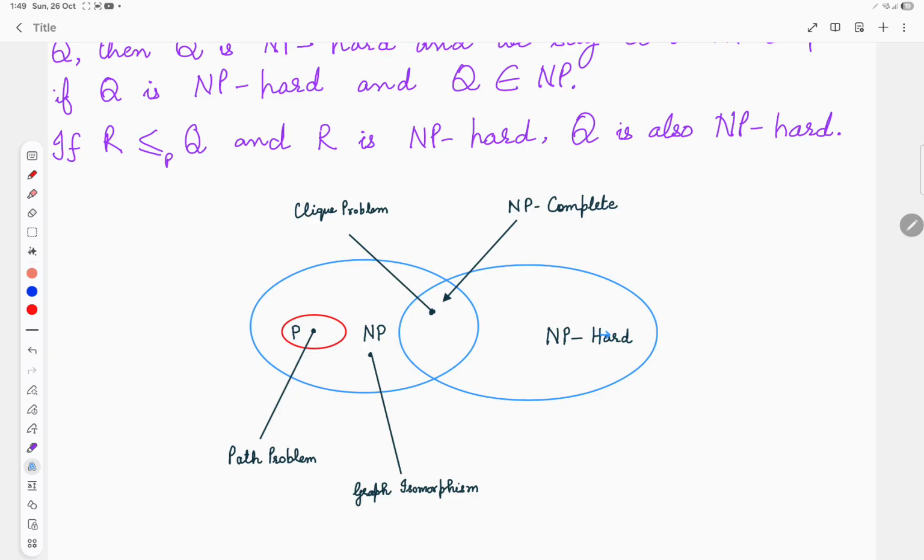Some problems in NP hard may not belong to the NP class, but all problems in the NP class must be reducible to one problem. So that problem will be called NP hard. If a problem is both NP hard and in NP, this intersection belongs to NP complete.